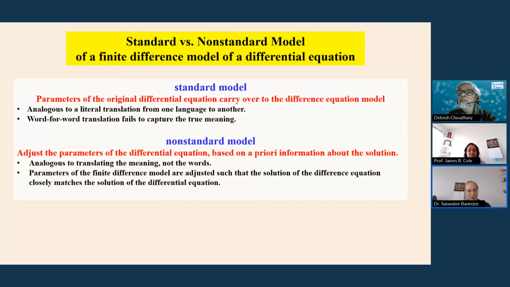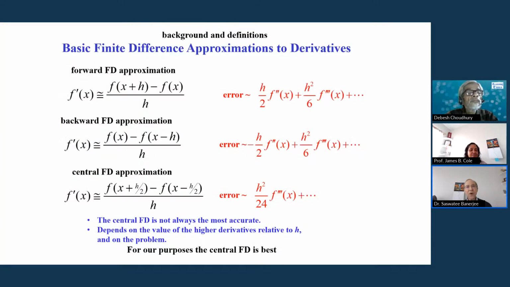And we can adjust them such that the finite difference model is a very good solution. That is, it will closely match the solution of the differential equation. So we want the solution of the difference equation to be the same or almost the same as the solution of the differential equation.